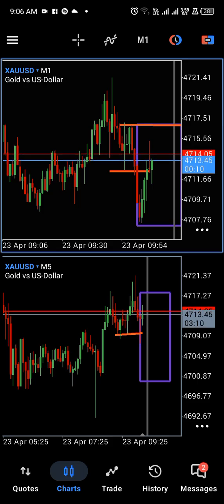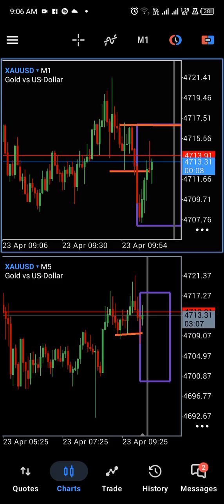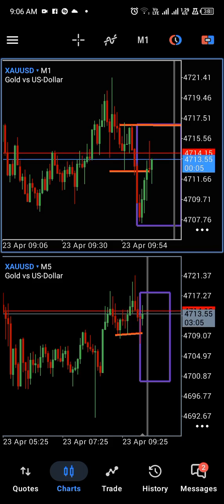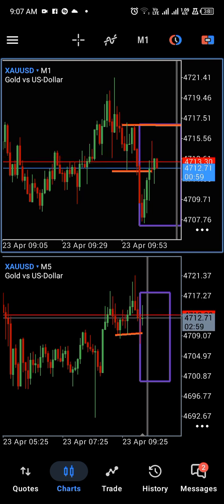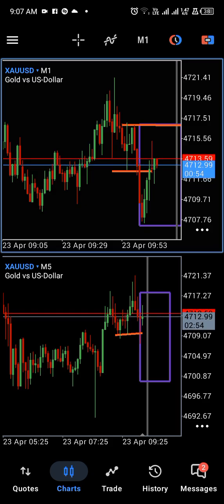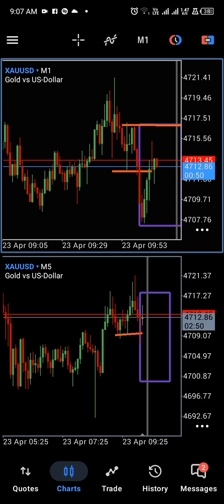So I will be looking at things like breaks of structure. I will be looking at things like candlestick confirmations for me to enter a trade. The market can come as close as what I've been waiting for. Both time frames can confirm the same thing, and I can get a break of structure. I can get the pullbacks to the fair value gaps.